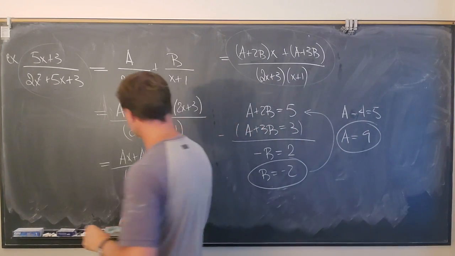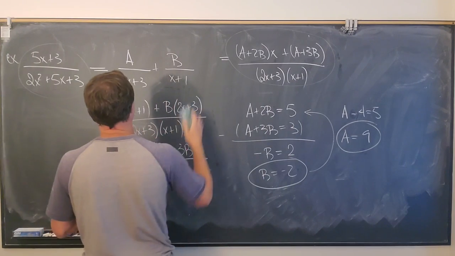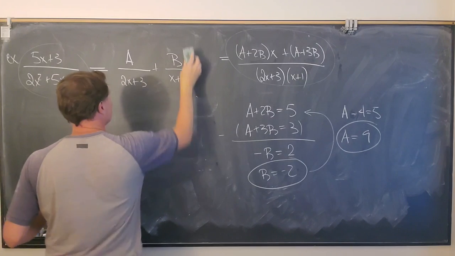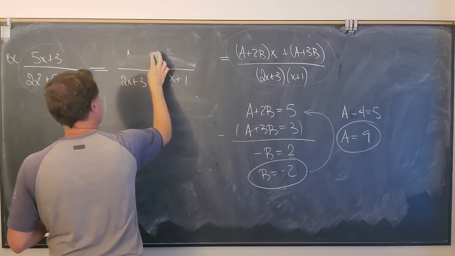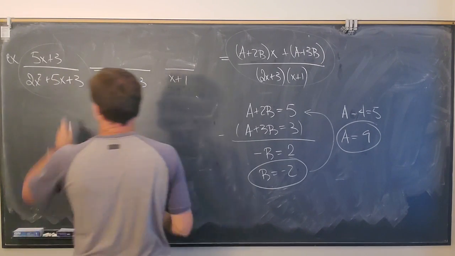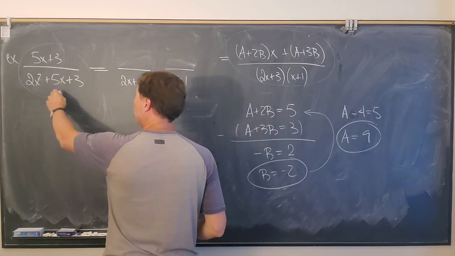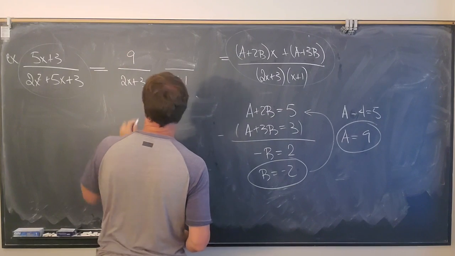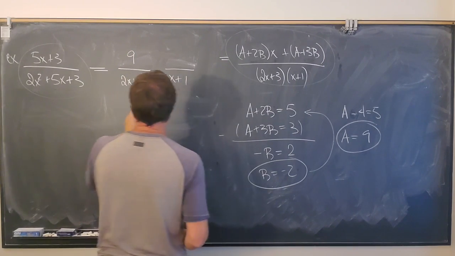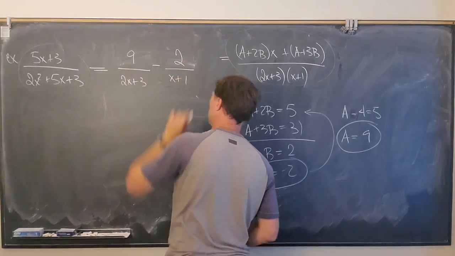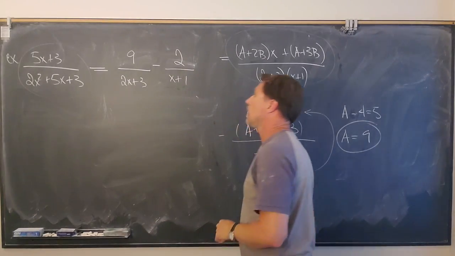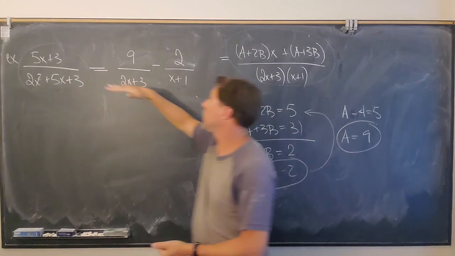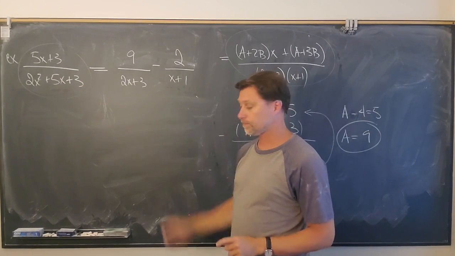So I've done the work, and what that tells us then is (5x plus 3) over (2x squared plus 5x plus 3) is equal to 9 divided by (2x plus 3) minus 2 over (x plus 1). So if we were asked to integrate this right here, we would integrate this instead.